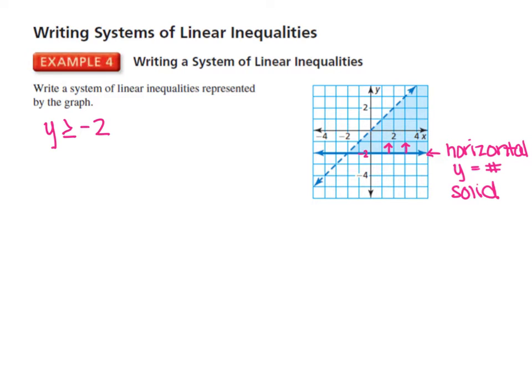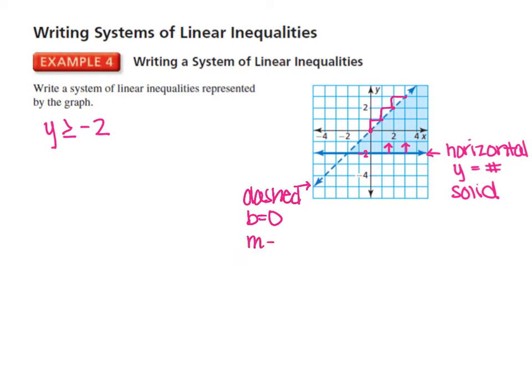The second inequality I see right away is a dashed line. And it has a y-intercept at 0. And it looks like it has a slope of up 1 over 1.